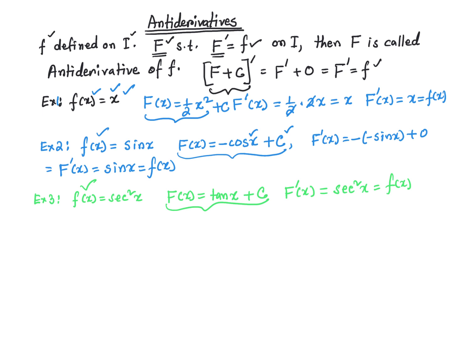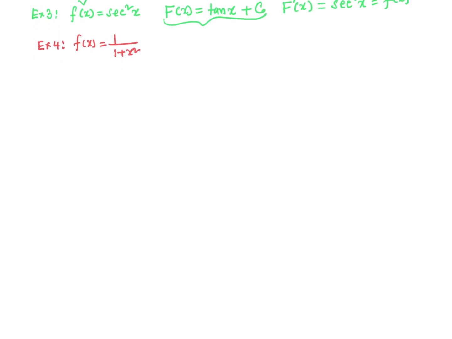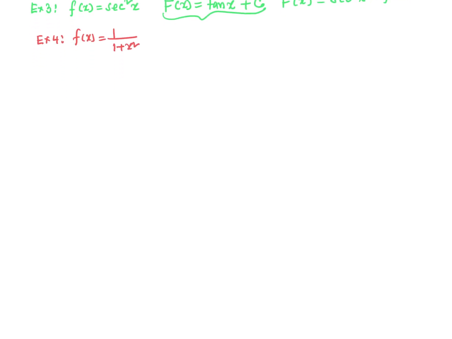Let's get another example. Example 4. This time maybe f of x is equal to 1 over 1 plus x squared. Let's see, what do I get? My uppercase F of x is going to be tangent inverse of x plus some constant c.